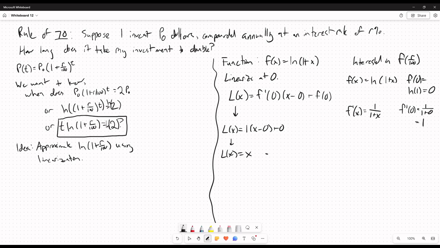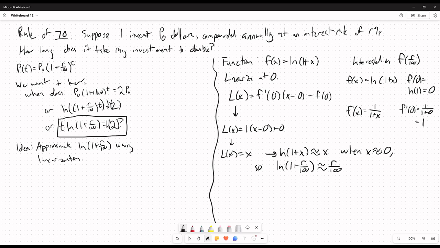So what we see is that natural log of 1 plus x is approximately x when x is close to 0. So natural log of 1 plus R over 100 is going to be approximately R over 100. So let's go ahead and use that here to see if we can figure out what this t-value is going to be.